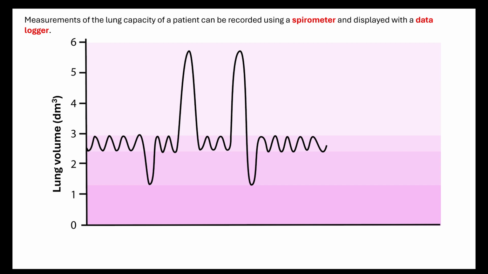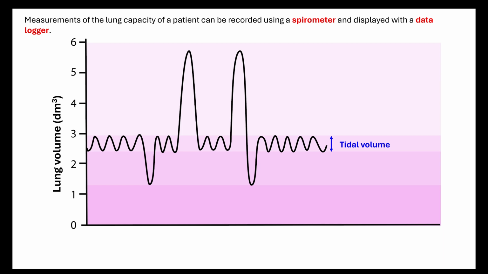So what you can see here is a spirograph, and what we're going to look at is what has happened to the lung volume. There are some key names that you need to know. The first one, when you are breathing normally, is known as your tidal volume. So here you can see my tidal volume where I breathe normally, and that is from peak to peak and trough to trough.